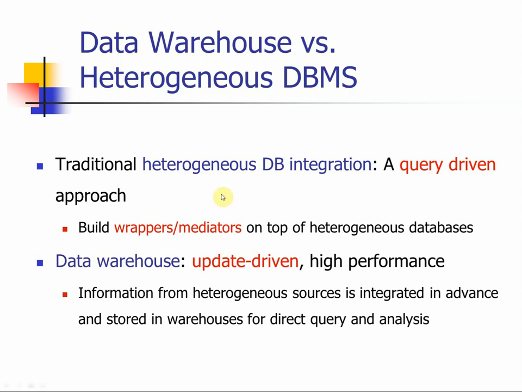You can see that in heterogeneous database integration, they need something called wrappers or mediators to combine the data from different sources and then find an output from it. For example, if you go to Google and search for some hotels, it can easily gather a lot of different websites, finding all of the websites' prices for the same hotel.